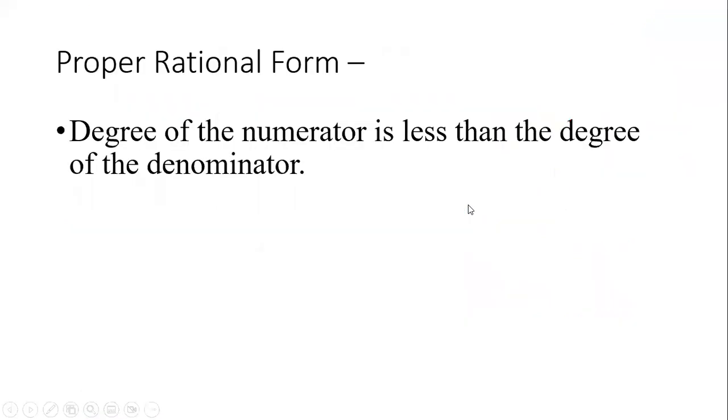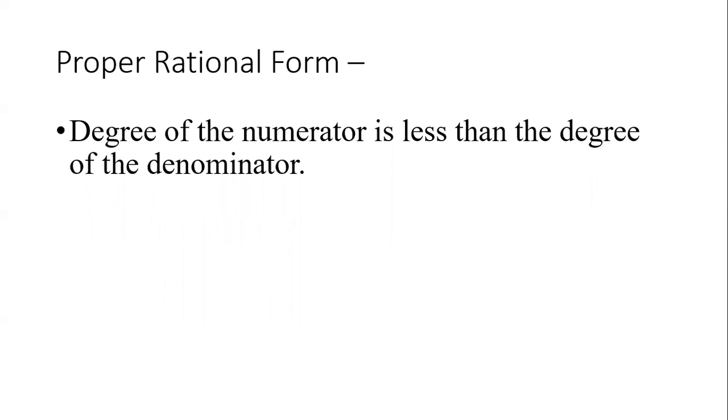Okay. All right. The last part is proper rational form. Do you guys remember in elementary school when you talked about the different types of fractions: your proper fraction, your improper, and your mixed number? So when you had an improper fraction, what did that mean?